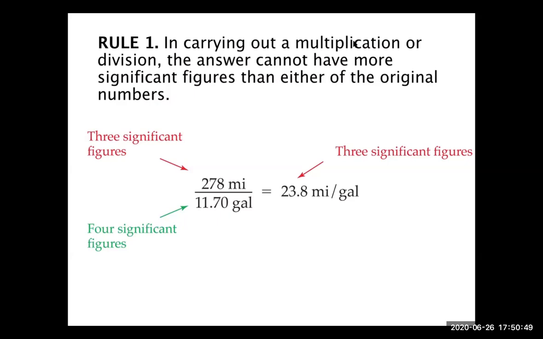We have 278 miles, that's 3 significant figures, and 11.70 gallons, that's 4 significant figures. Your answer has to come out with the least precise number of significant figures, so it cannot have more significant figures than either of your 2 original numbers. So 3 is lower, so 3 is what will be reported.